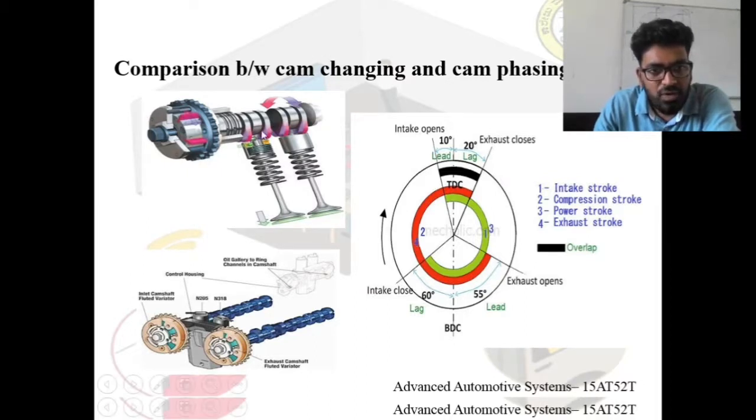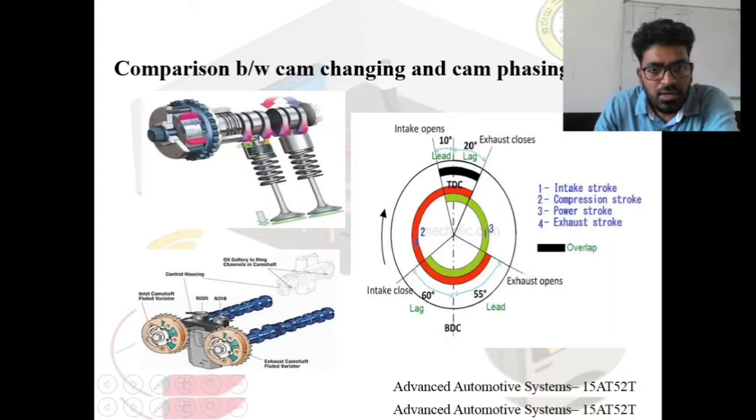Here you can see that for low speed, the middle one will operate the valve. For high speed and advance, if you want advance valve opening, this bigger cam profile will operate. What happens in cam changing VVT, I will explain in this diagram.